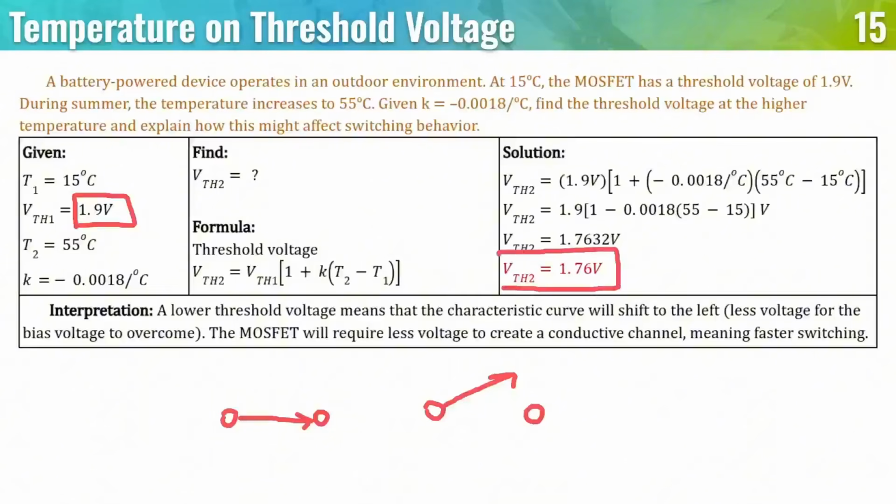But here, if the new threshold voltage is 1.76 volts, we know that the bias voltage has a smaller voltage that needs to be overcome before it can switch from off to on. So if it can overcome the threshold voltage faster, then that means it can switch between on and off faster.